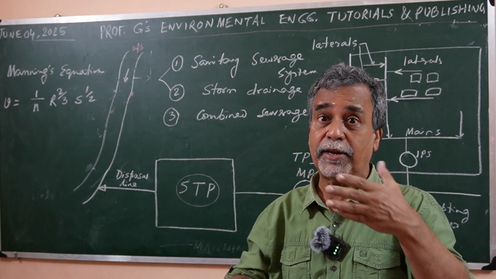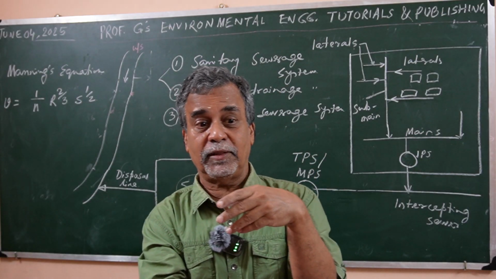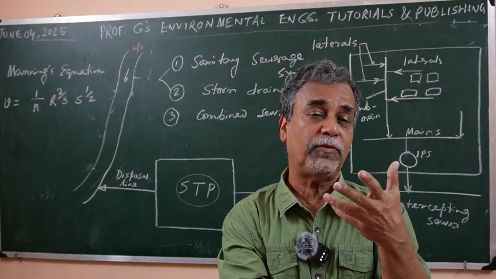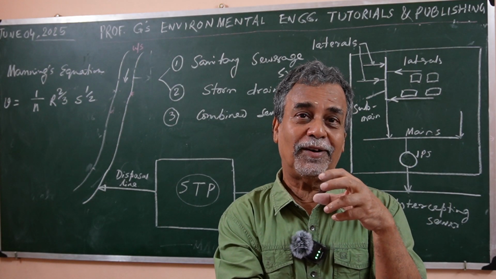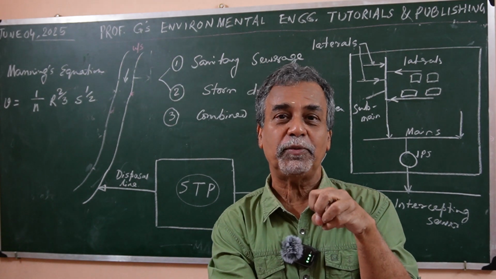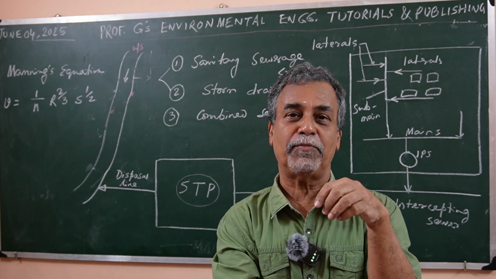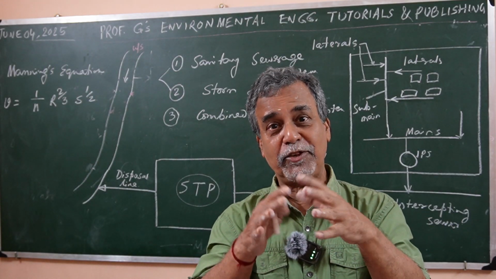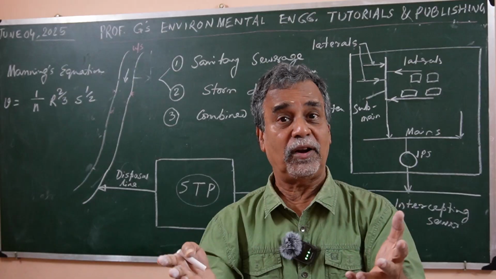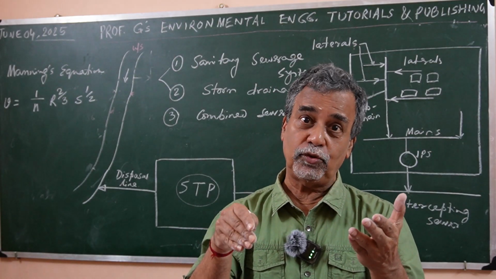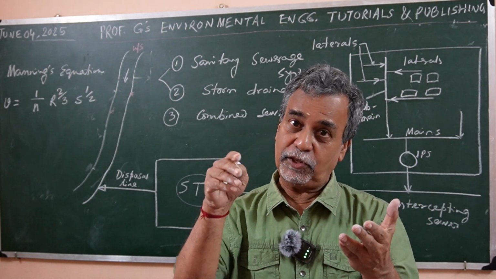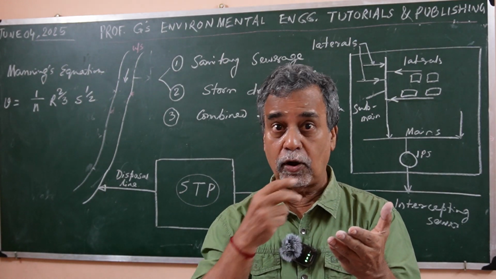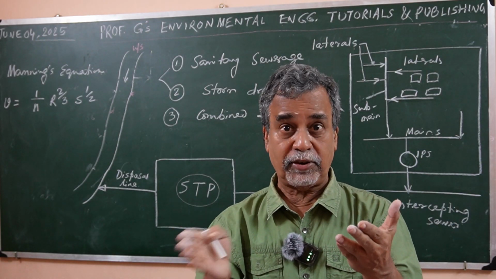But in that case, during the monsoon period, the quantity of rainwater will obviously be very high, right? So if that is also to be carried in this combined sewerage system, then the size of the pipe will be much larger, because it has to carry the sewage flow as well as the storm drainage or the rain that occurred.